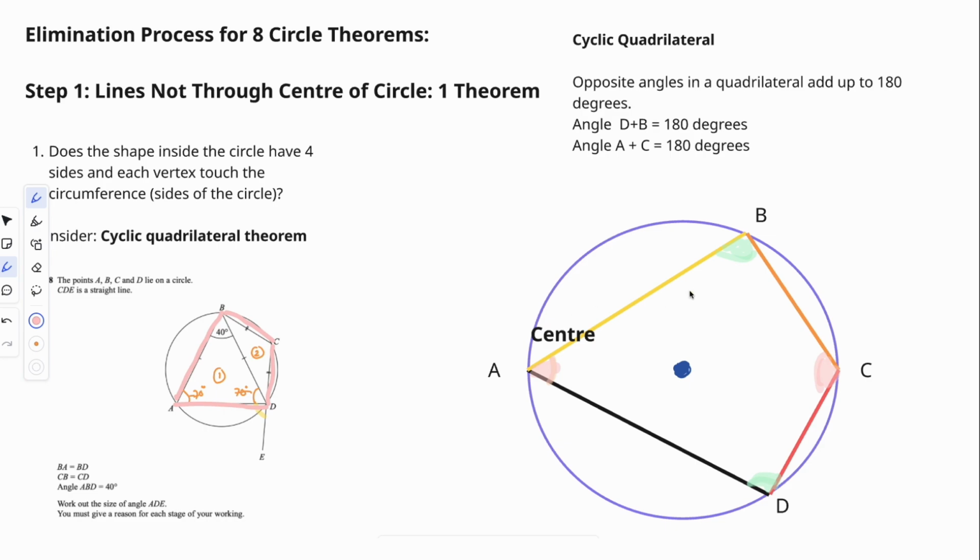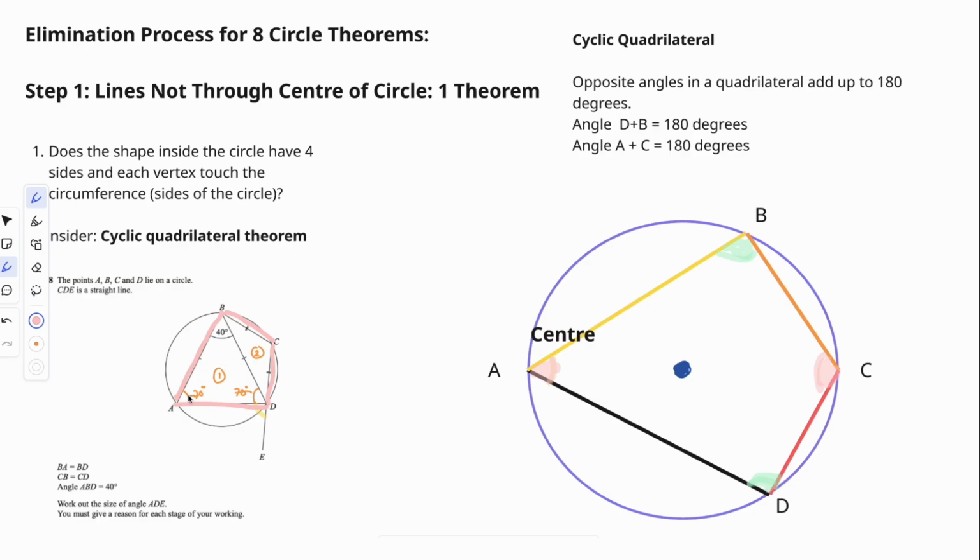Quadrilateral meaning a 4-sided shape, and cyclic meaning it exists within a circle. And there's a cyclic quadrilateral circle theorem that you need to know about, where the opposite angles in a quadrilateral add up to 180 degrees. So A plus C adds up to 180 degrees, and B plus D adds up to 180 degrees.